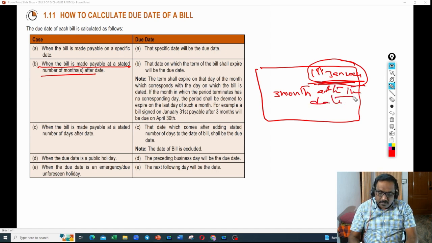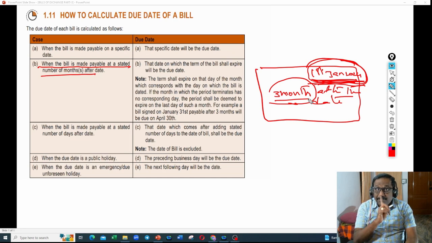That means after this date, within 3 months, 3 months is the term. After the date, 3 months time has been given on the bill. From this date, you have to calculate 3 months, not days, 3 months.